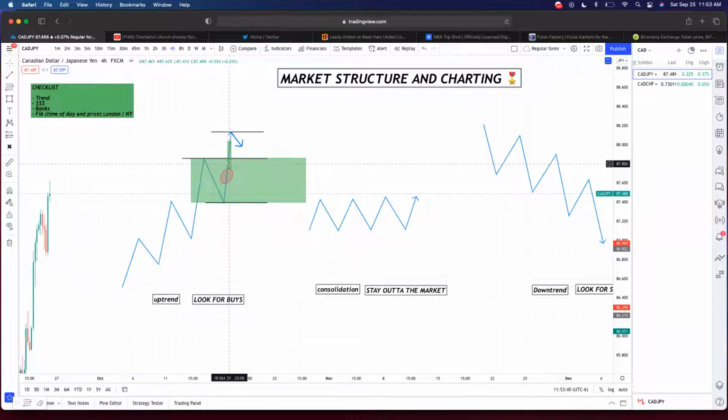So now, this is break and close of structure, okay? There's one more concept that people talk about called the retest. So break and retest looks exactly like this. This is what you want to see from a retest. This would be a red candle, okay?